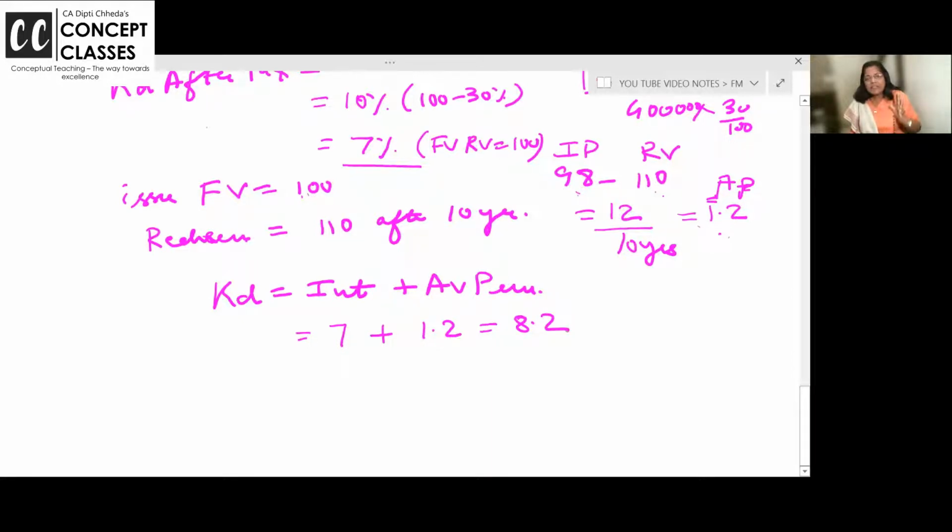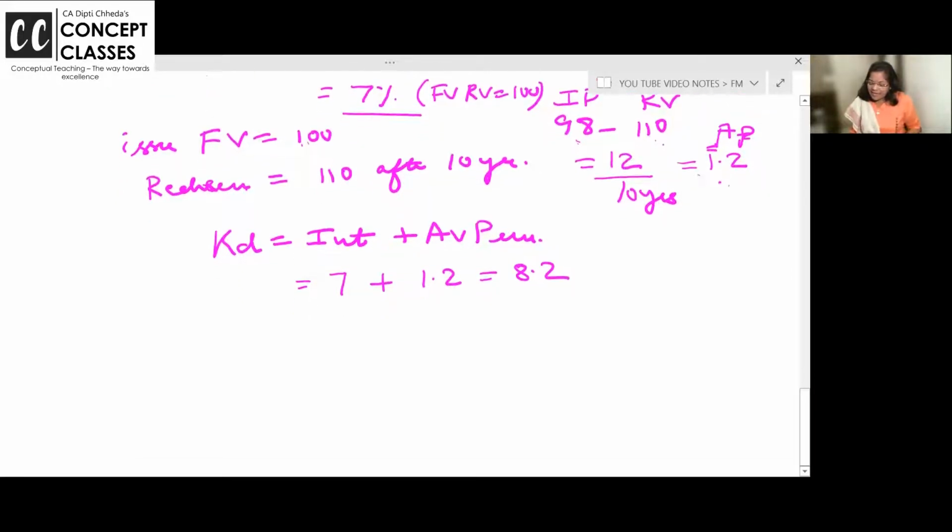Ma'am, every time we have to calculate, yes, if they give you redemption value and issue price. Now, I can't say 8.2 rupees is the cost on 100 rupees face value. The answer is wrong, because I didn't get 100. I paid you debenture holders 8 rupees 20 paise per debenture. But did I get to use 100 rupees for my use?